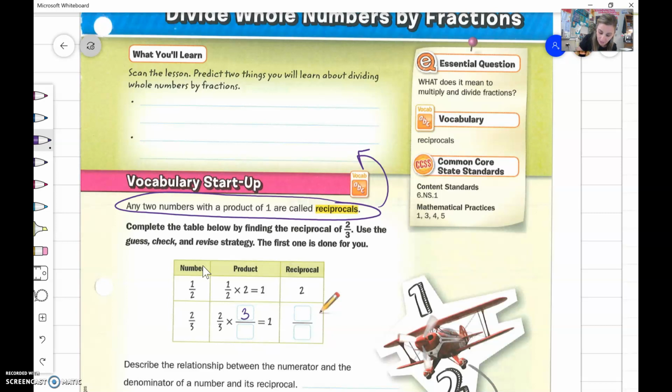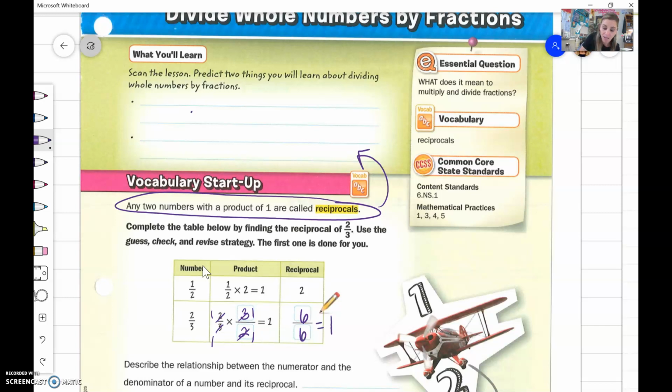Now, if I were to take 2/3 times something, what's going to give me an answer of 1? What if I did 3/2? Because if I cross simplify, that leaves me with 1/1. Or if I just multiply across, that leaves me with 6/6, which is the exact same as 1. So what is a reciprocal?